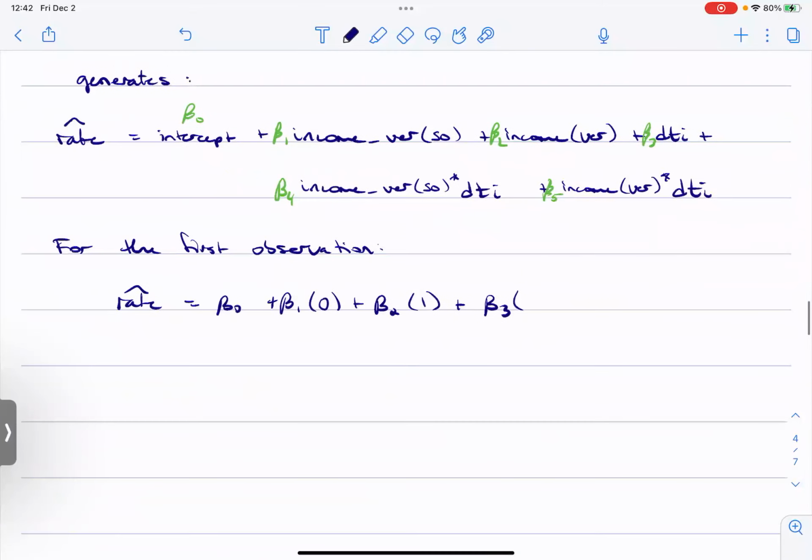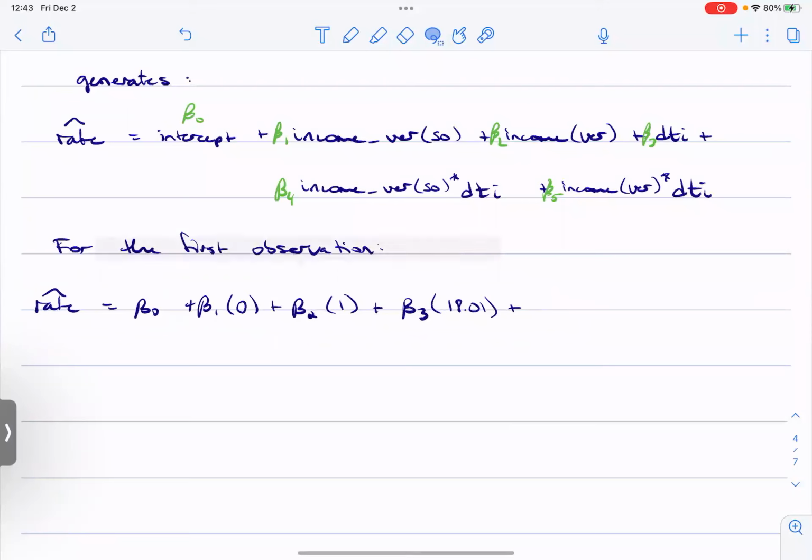18.01 plus, make more room here, beta 4 times, so the source only is still off, right? From your output, the source only is still off. So it would be times 0 and then literally times 18.01.